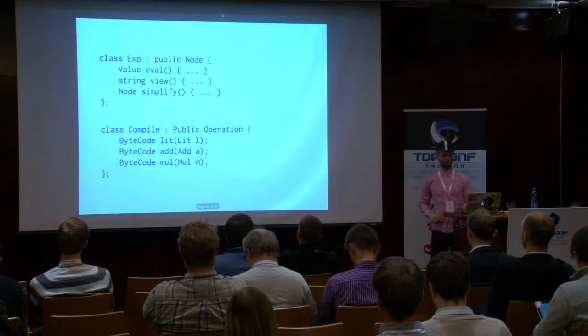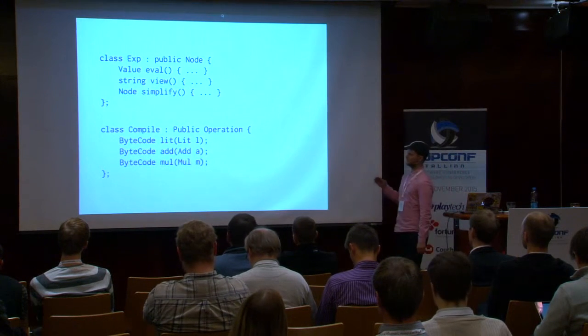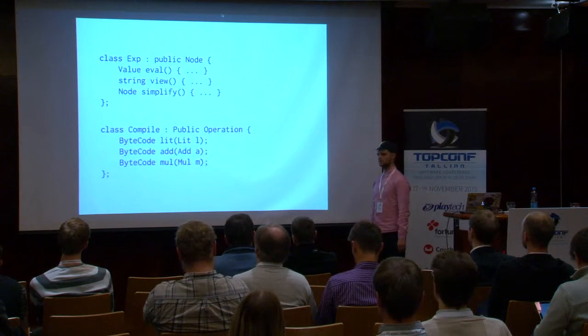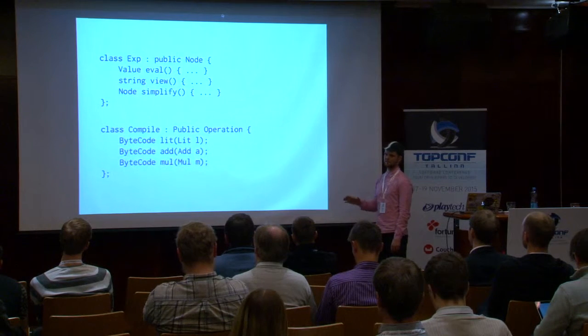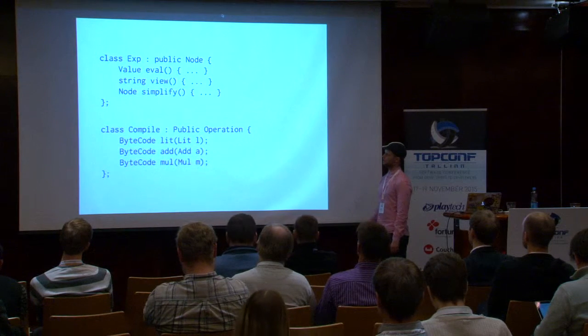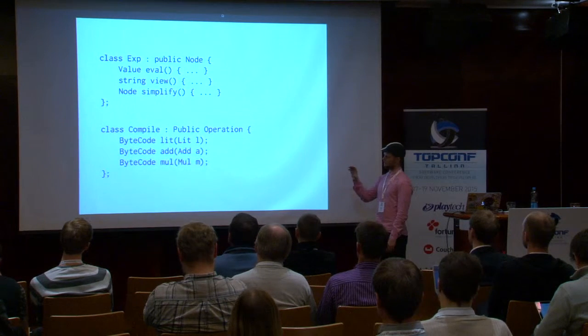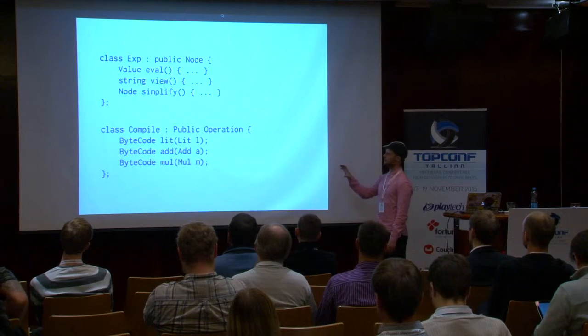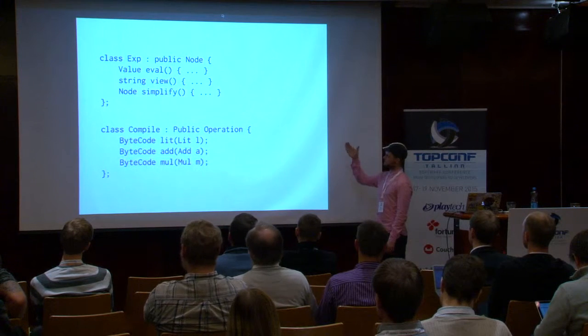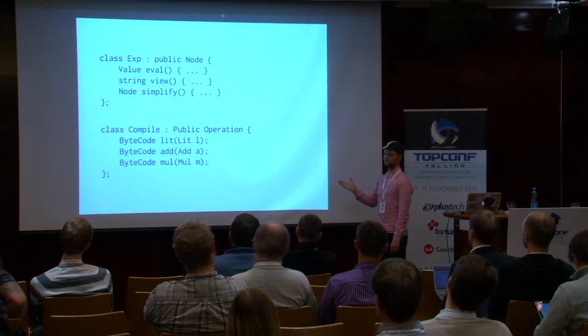If we expand in only one direction, it's easy. We use inheritance in object-oriented languages. So if we want to add one node and we have a fixed set of operations, we just implement all of them for the new node type.